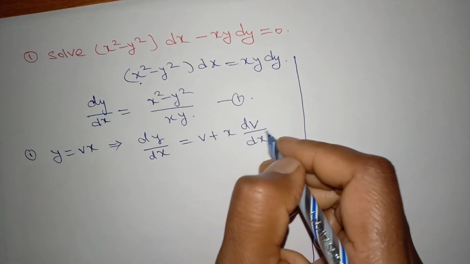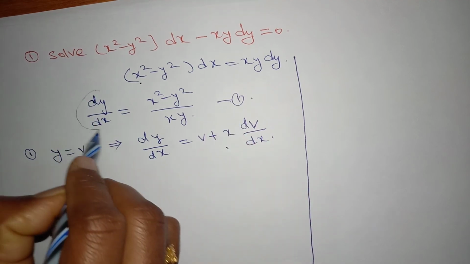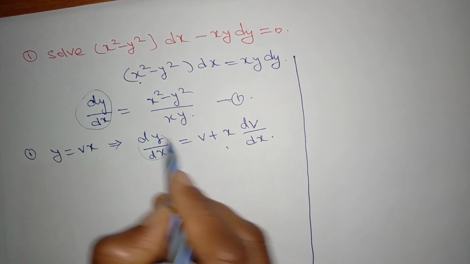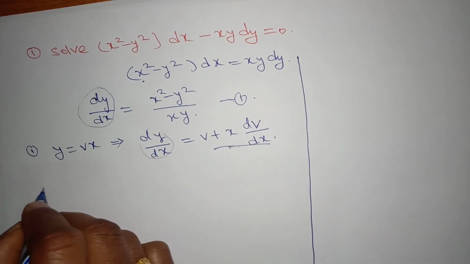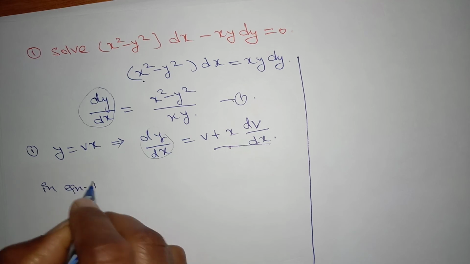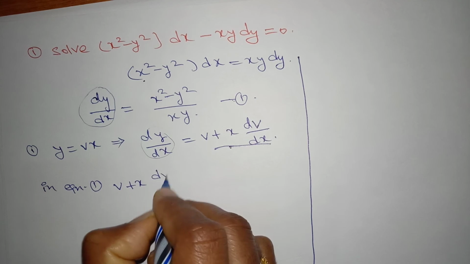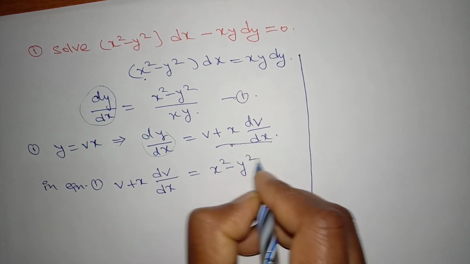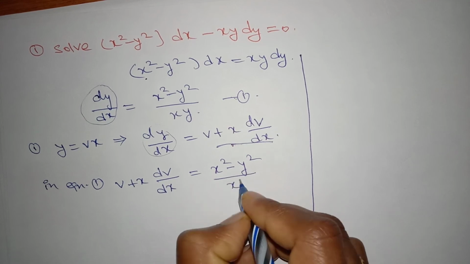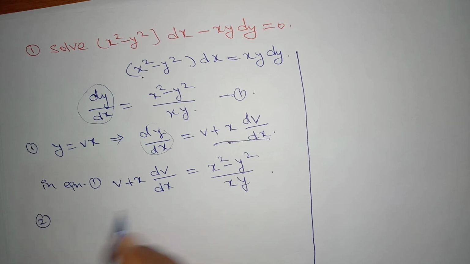Now substitute this in equation 1. In place of dy by dx, substitute v plus x into dv by dx in equation 1. So v plus x into dv by dx equals (x square minus y square) by x into y. Now step 2, using the variable separable method, separate the variables.